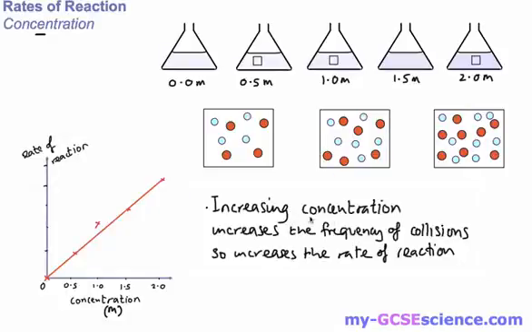Well, increasing concentration increases the frequency of the collisions, and you could actually say, if you wanted to, frequency of successful collisions. By successful collisions we mean ones that have the activation energy.